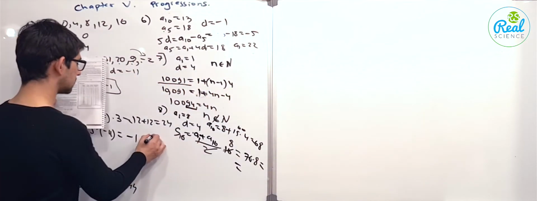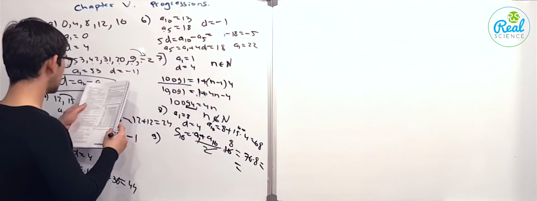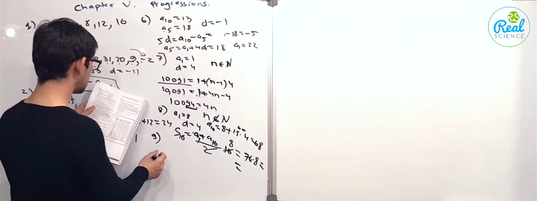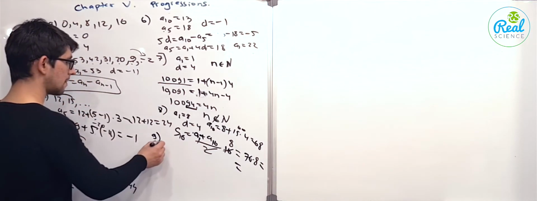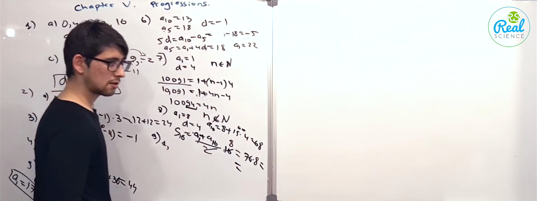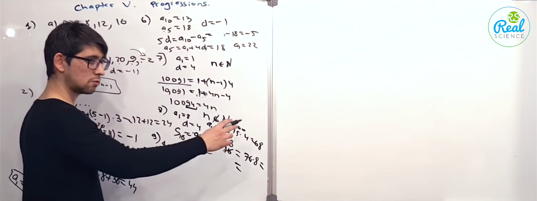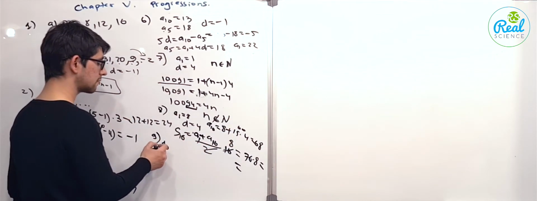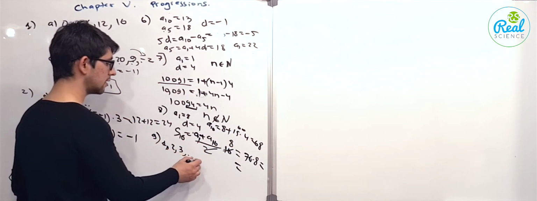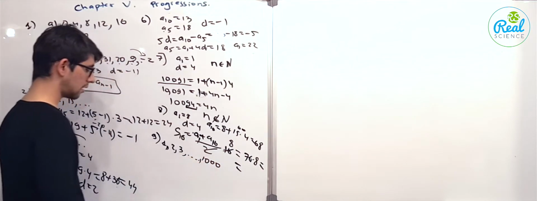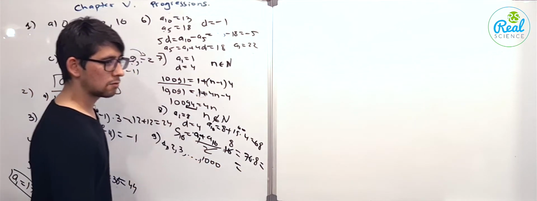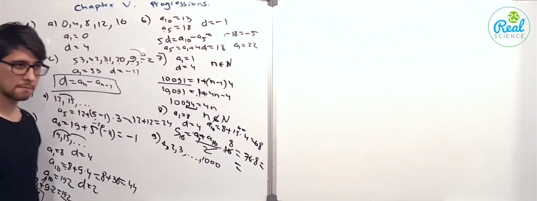9. What is the arithmetic mean of the first 1,000 natural numbers? So it says first 1,000 natural numbers, that's why you have to start from the first one, because natural numbers start from 1, 2, 3 till 1,000. You have to find the arithmetic mean. What was the formula of arithmetic mean?